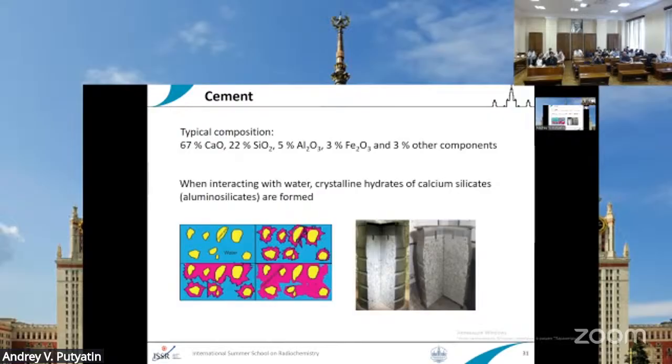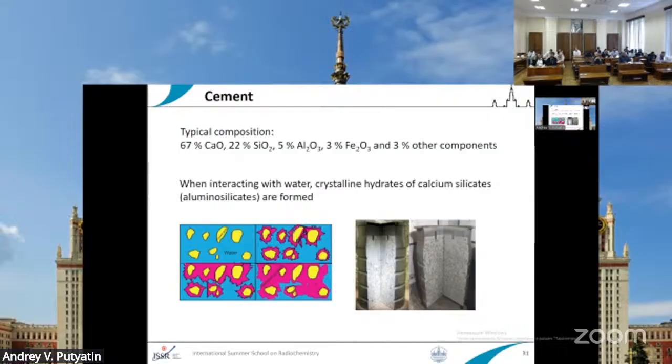One of the drawbacks of cement is the presence of water. We know that by the action of ionizing radiation, water can be decomposed into different components, but the final components will be hydrogen and oxygen.